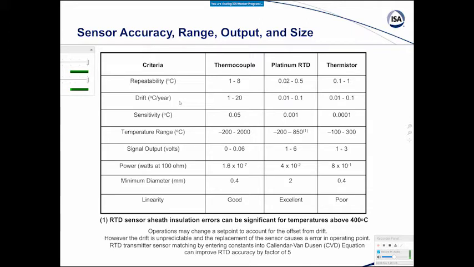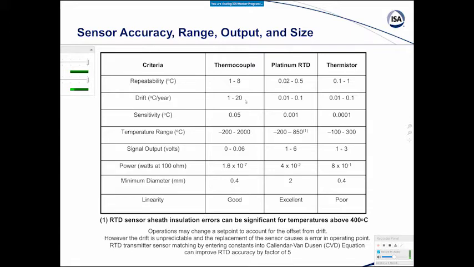Then we get into drift, and for thermocouples, the degrees C per year can be 1 to 20 degrees. Hopefully you never even get anything approaching 20 degrees. That often occurs at very high temperatures. And compare that to the RTD, and not only is the drift so large for the thermocouple, but it's very unpredictable.